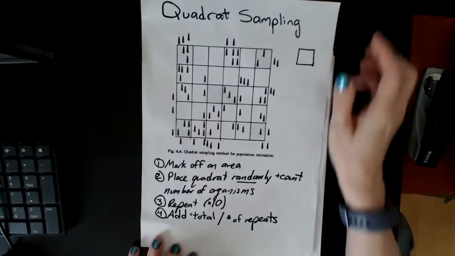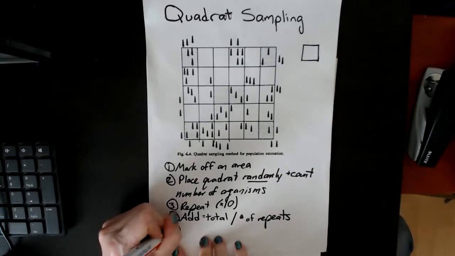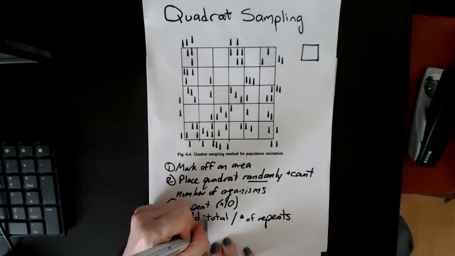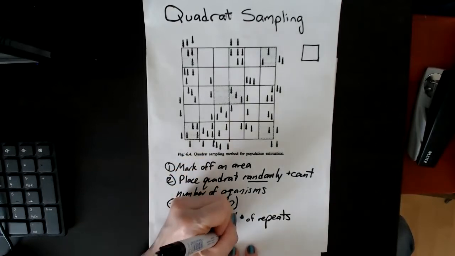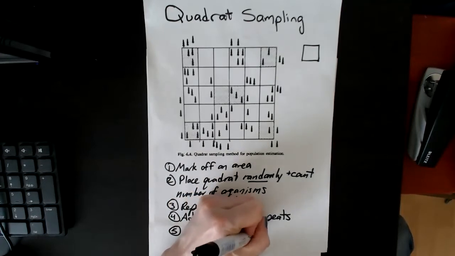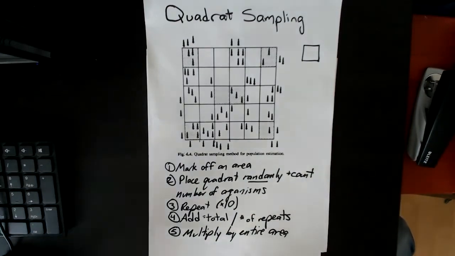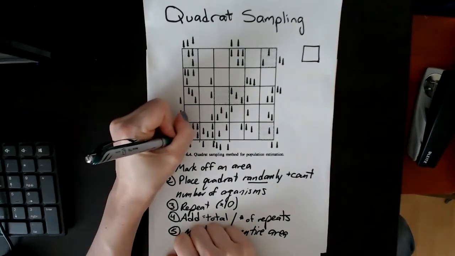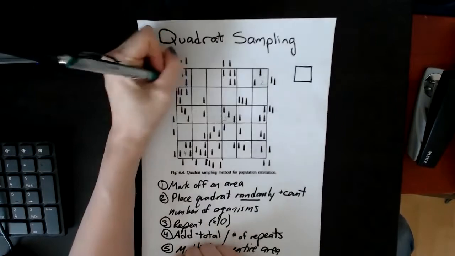So you divide by the number of repeats that you did, and then you multiply to cover the entire area. The example for this would be: here I have 4, I have 1, I have 3, 2, and 3.